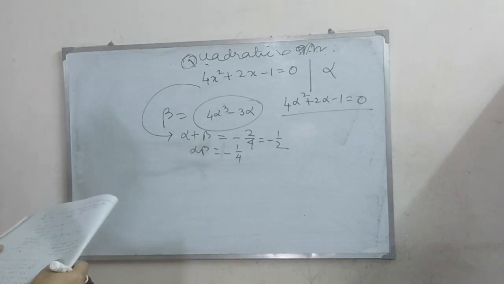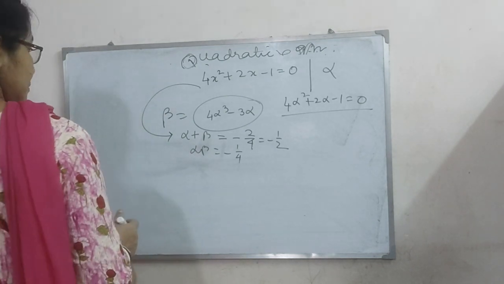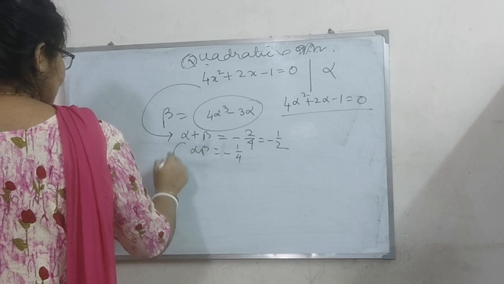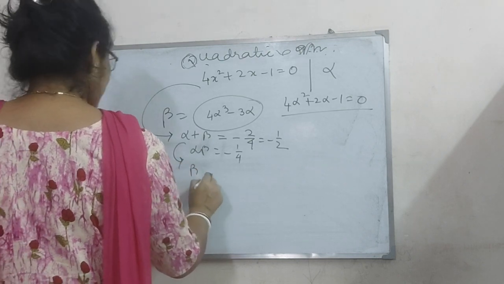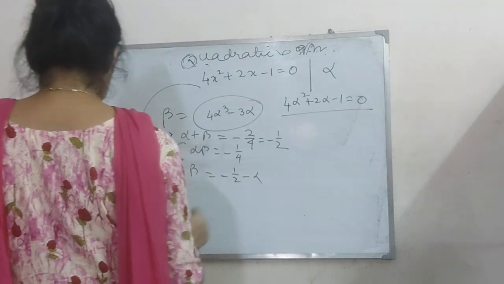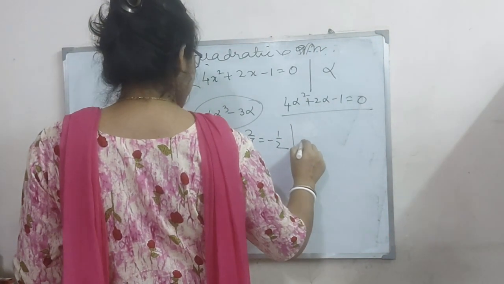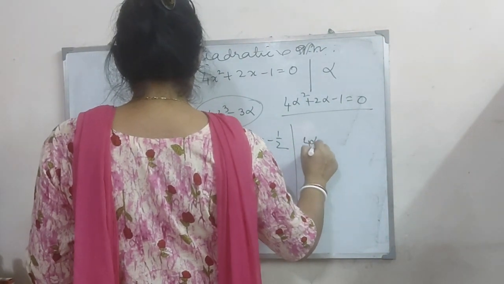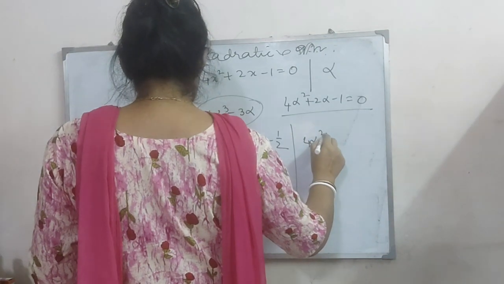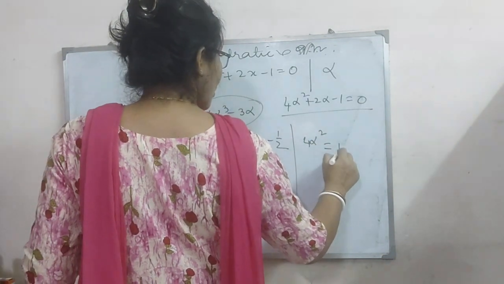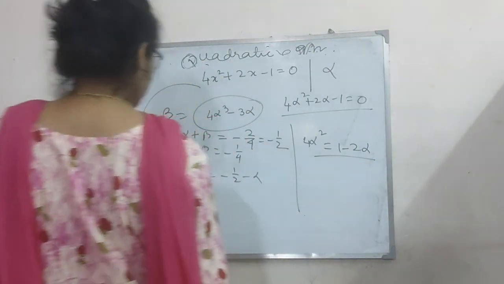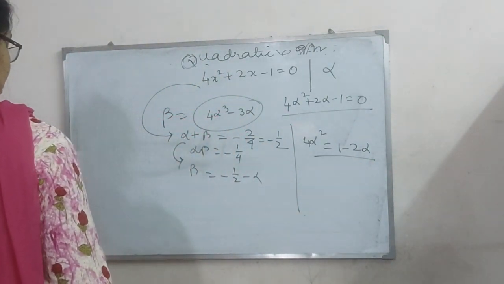From here beta equal to minus half minus alpha, and 4 alpha square equal to 1 minus 2 alpha.